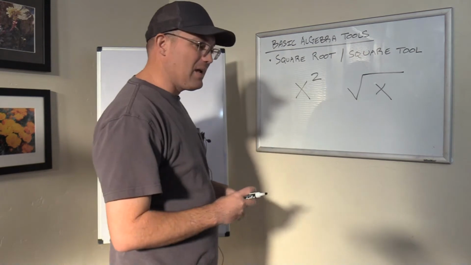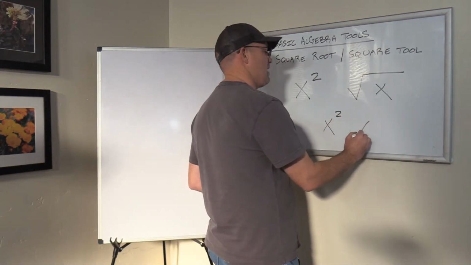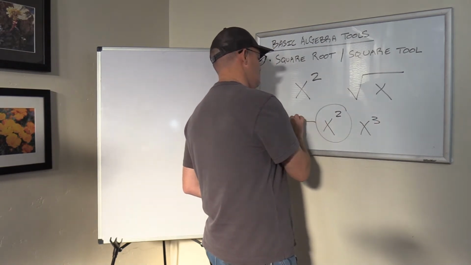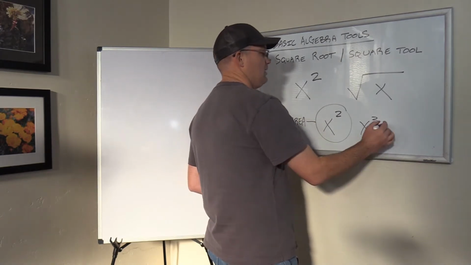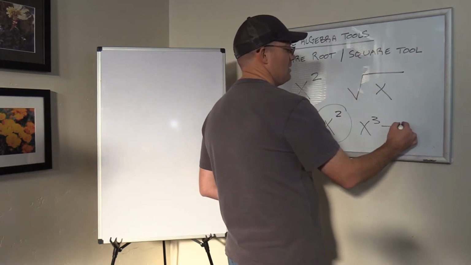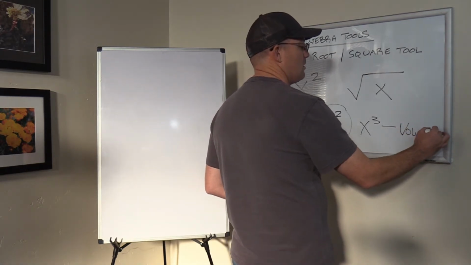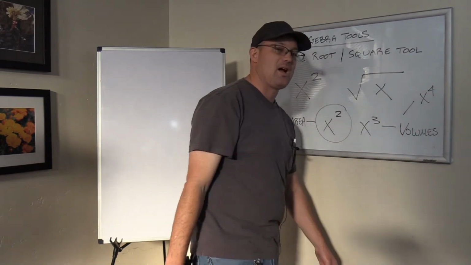But I'll be honest with you, as a surveyor, most of the time you're working with either x squared or x cubed. We use this for area and for something we call Pythagorean's theorem, which I'll talk to you about. And we sometimes use cubes for volumes. As a surveyor, I've never solved an equation with x to the 4th or anything higher.